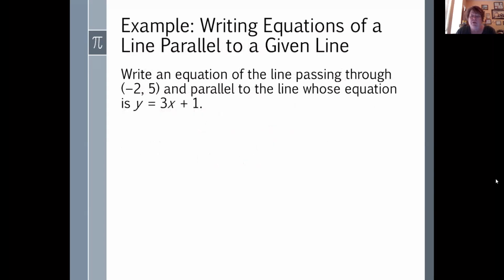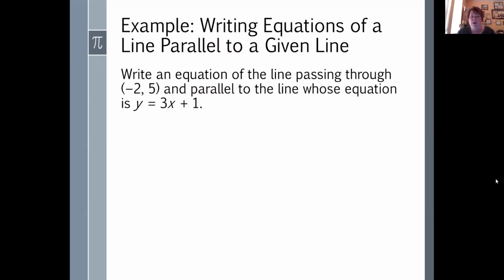So we can use this information to find the equation of a line parallel to a given line. For example, write an equation of the line passing through the point -2, 5, and parallel to the line whose equation is y equals 3x minus 1.